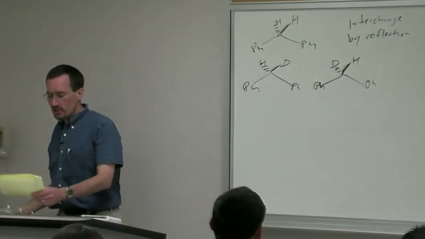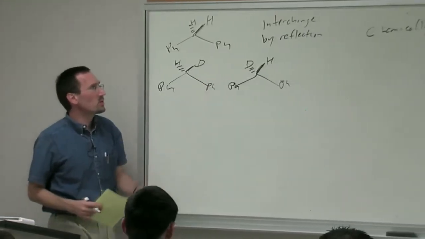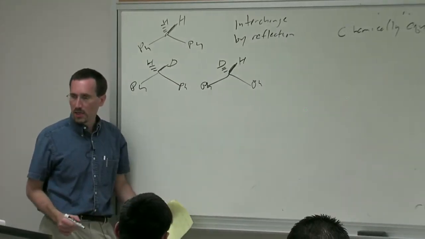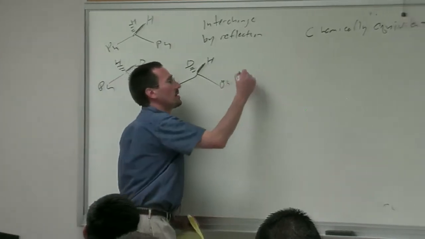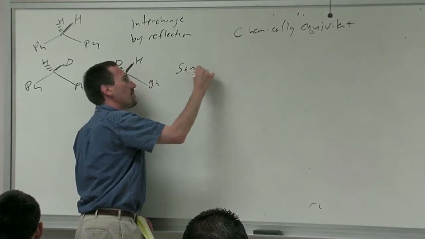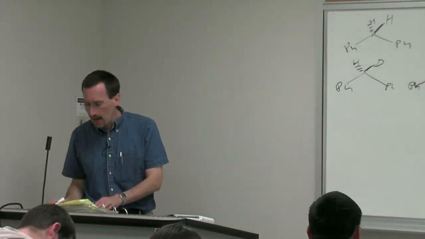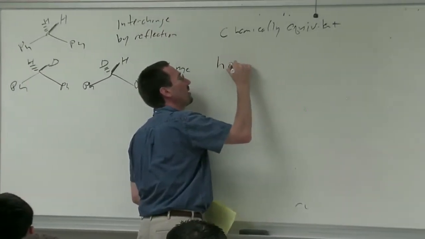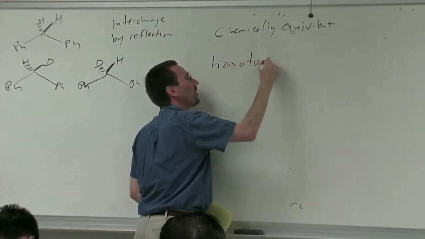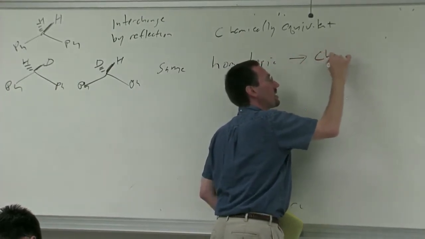And then you ask yourself, what is the relationship between these two molecules? And in the case of this particular thought experiment, these two are the same. And since they're the same, topologically, we call those two protons homotopic. And homotopic protons are chemically equivalent.